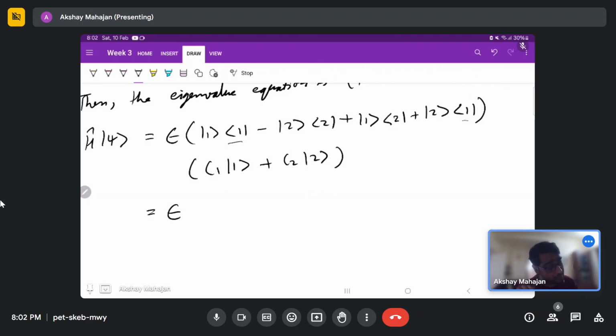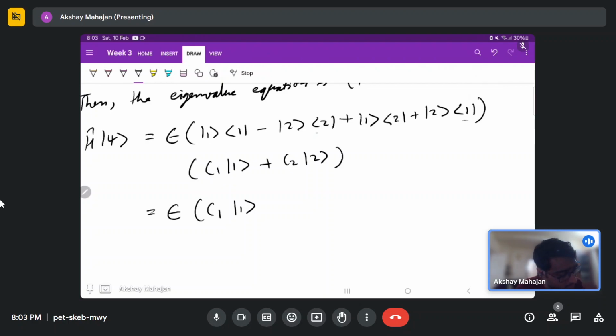Remember that in quantum mechanics the order is important, so you can't just switch 1 2 and 2 1, they will remain in this form only. So using this we will get C1 times this 1, because bra 1 and ket 1 will give you a 1.